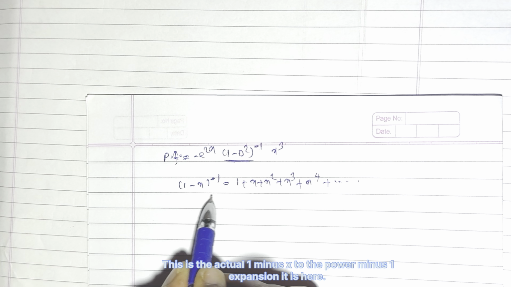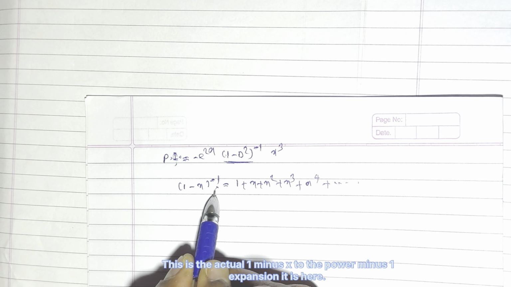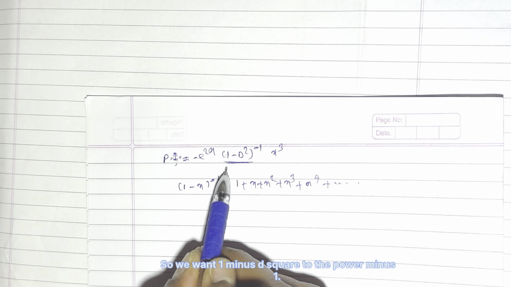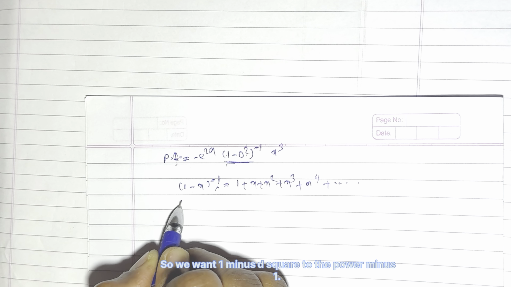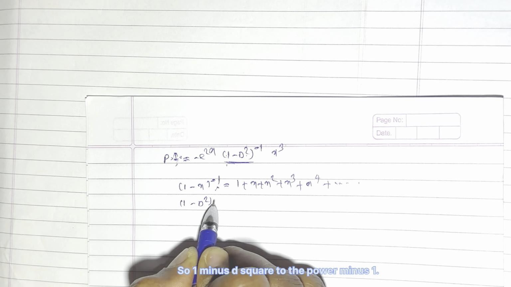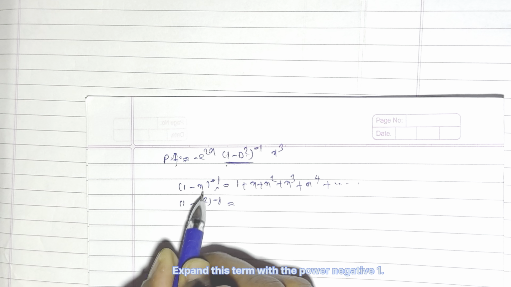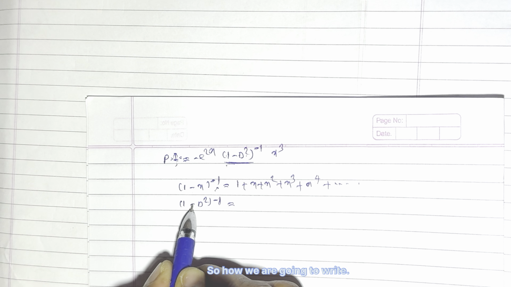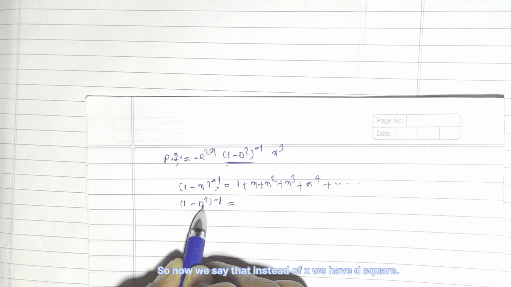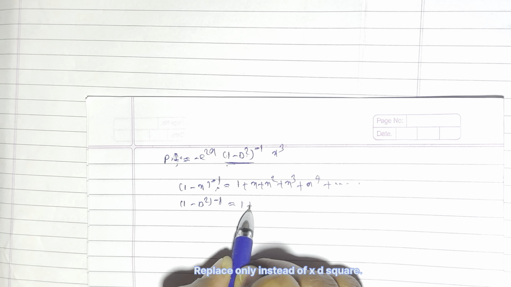This is the actual expansion of 1 minus x to the power minus 1. So we want 1 minus d square to the power minus 1; expand this term with the power negative 1. How are we going to write it? Now see, instead of x we have d square; replace x only with d square.